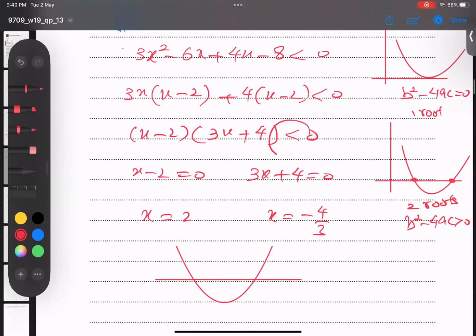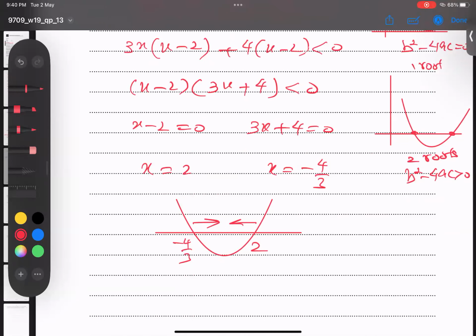And when I talk about less than 0, students, one answer coming is minus 4 over 3 and another is 2, and less than 0 is inside. You know it very well. So how to write this? Two inequalities. You can see here, two ranges are there: less than 2 and bigger than minus 4 over 3.